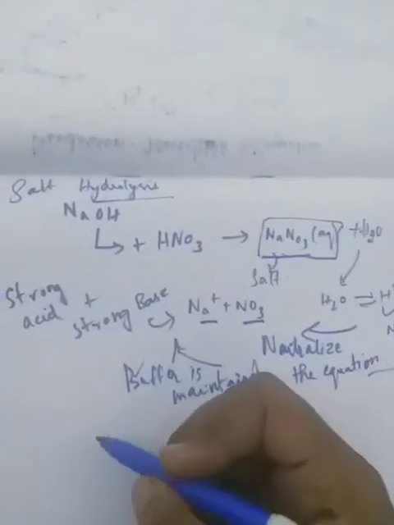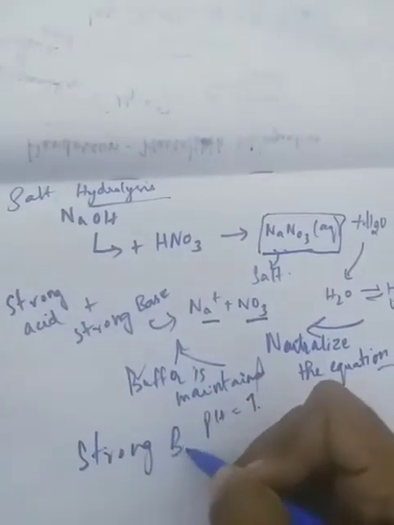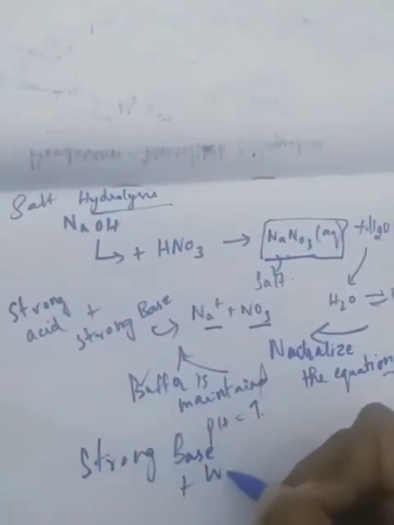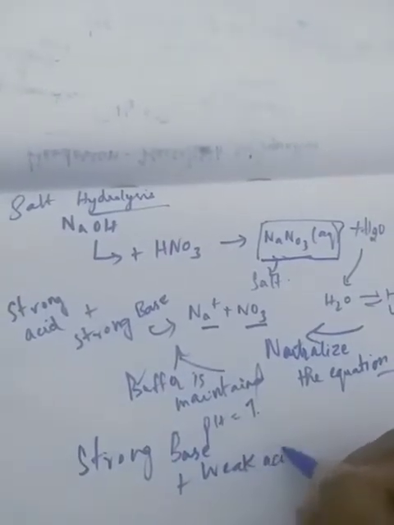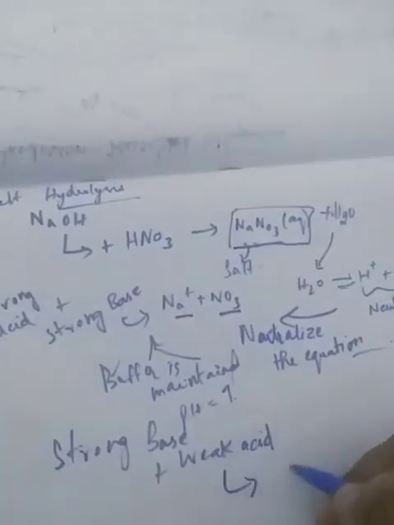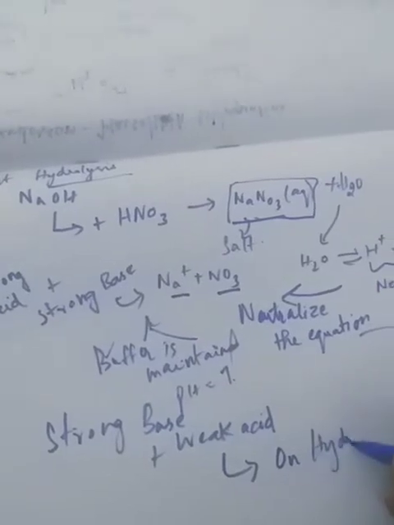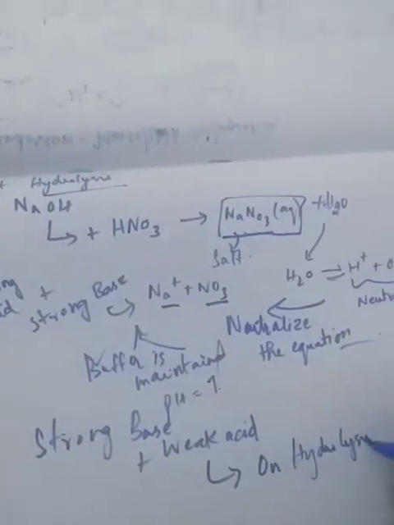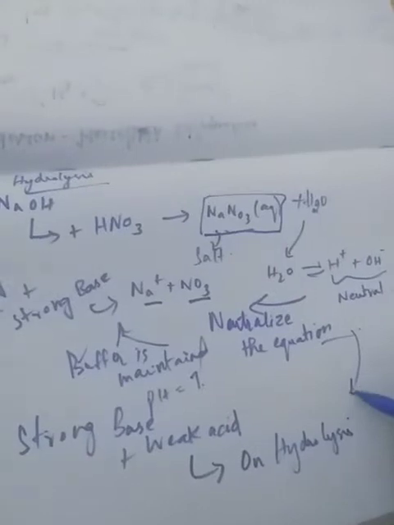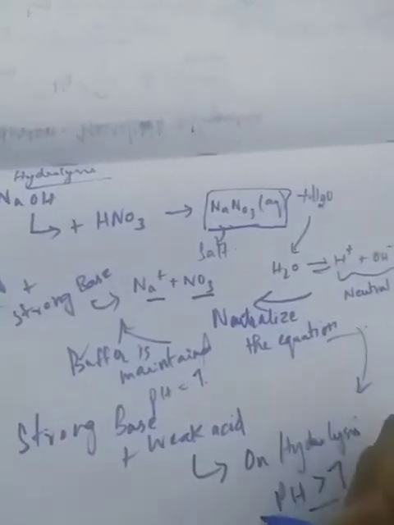In this case it is neutral. In other cases, if you add a strong base plus a weak acid, and further on hydrolysis and dissociation, we will get pH greater than 7. That is, it is basic.